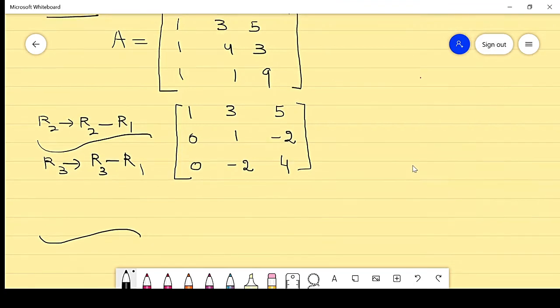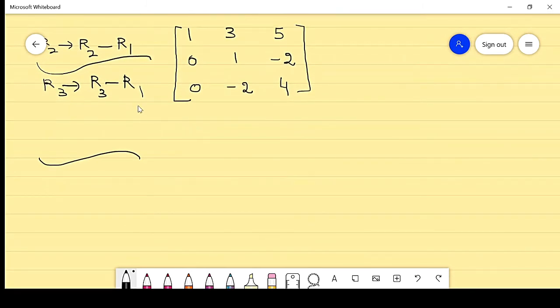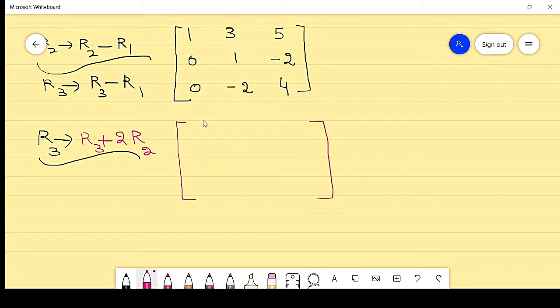So first step is, so this term 0 and 0. Now this one, so my aim is to make it 0. So here I will apply R3 equals R3 plus 2R2. So this matrix will be 1, 3, 5, 0, 1, -2, 0 multiply by 2, then add.